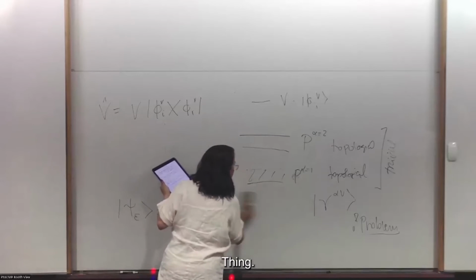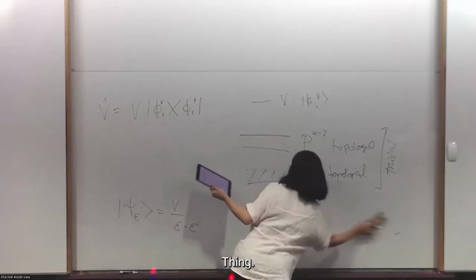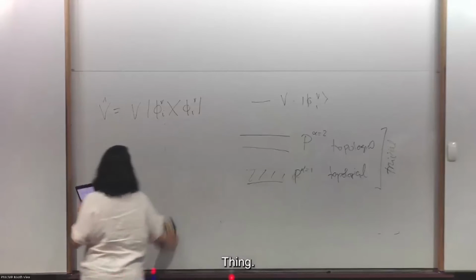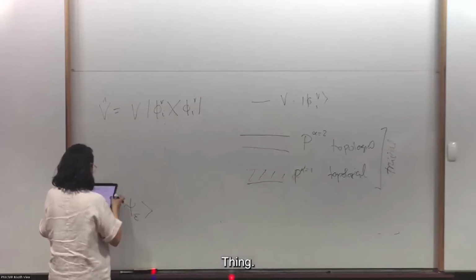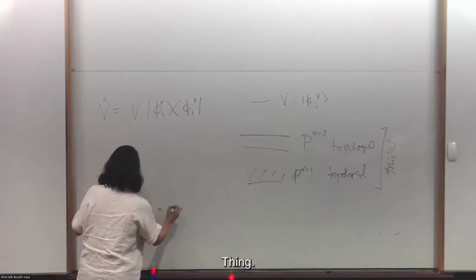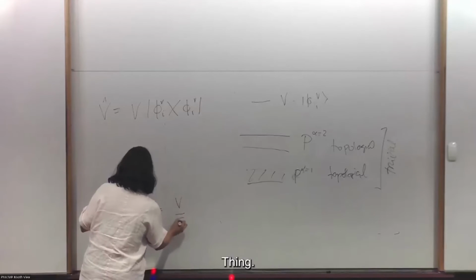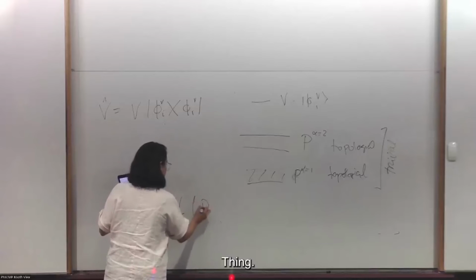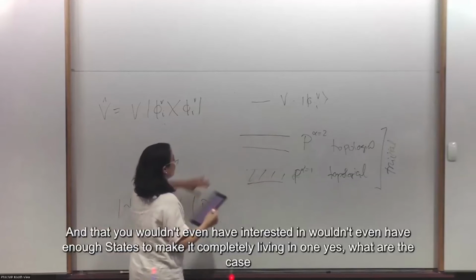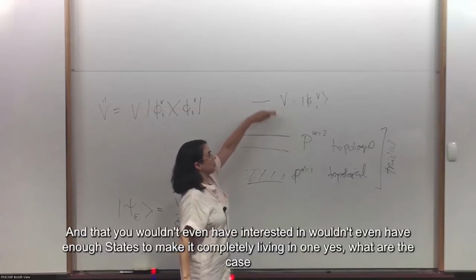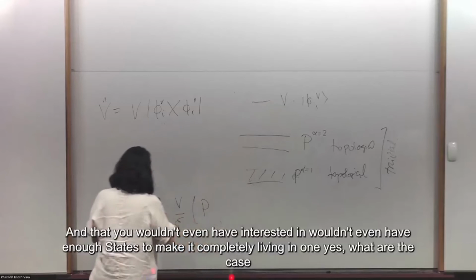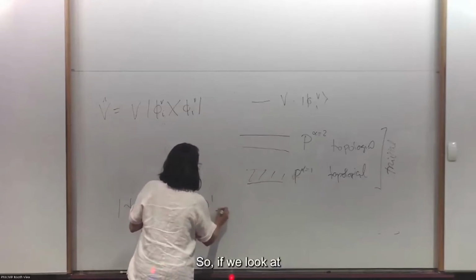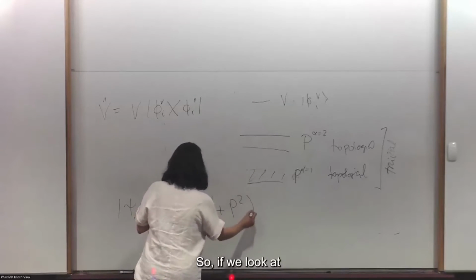So then, if I write out my bound state's wave function, in the limit of V very large and the energy of that state being very large, I have P1 plus P2.